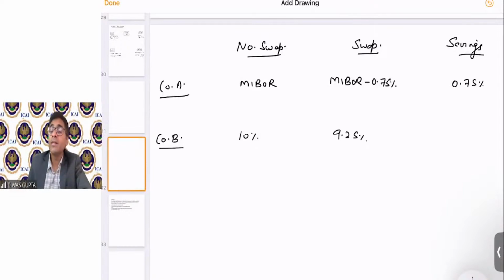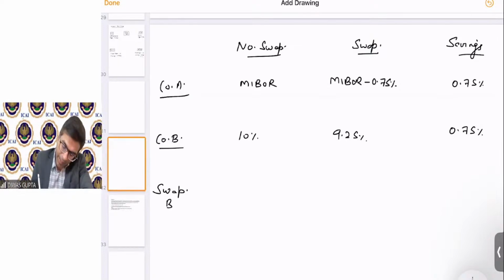So don't you think there is a saving of 0.75%? 10% would have been the cost if there is no swap. Since there is a swap, it has reduced to 9.25. Effectively, there is a saving of 0.75, students.